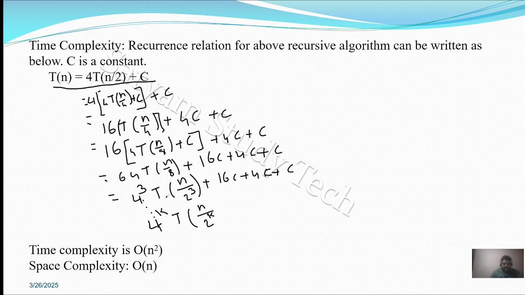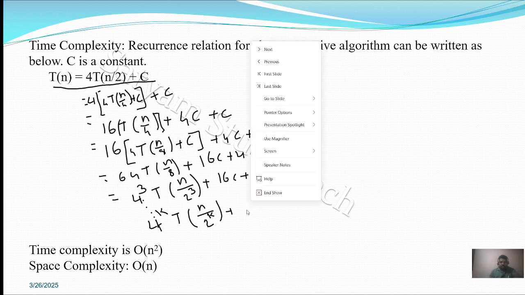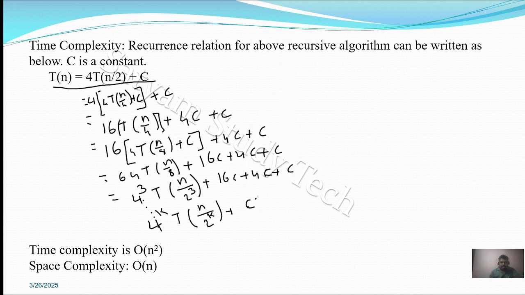Here you can see 3 here and 3 here, so 3 is k, the k terms: 4 power k T(n by 2 power k) plus c, which is common, times 1 plus 4 plus 4 square plus and so on. You can write this.